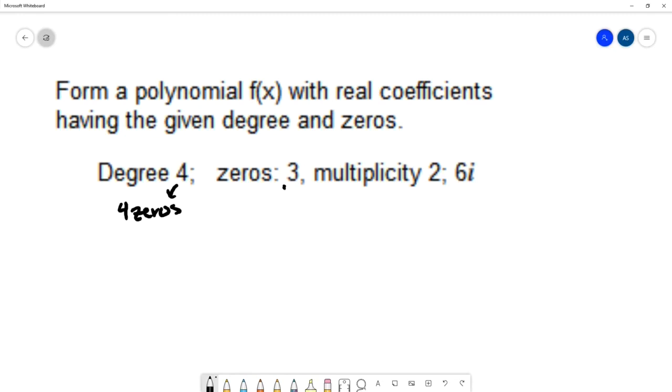We have a 3 with multiplicity 2, and so what that means is that 3 is a repeated zero. We have 2 factors of x minus 3. So when we have multiplicity, that means we're going to have repeated factors of the same zero.